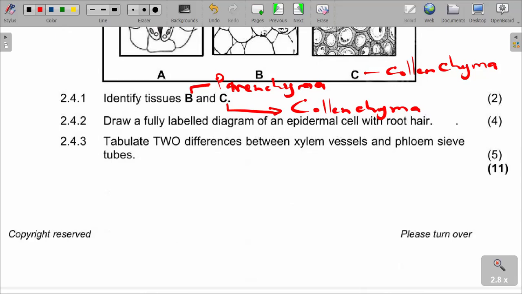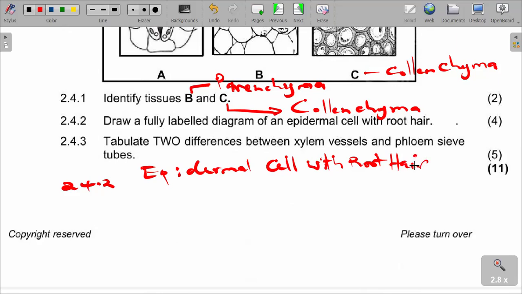It needs you to say 2.4.2, epithelial cell with root hair. I was showing you in the previous diagram, this is just a cross section, a diagram that was already shown in part of our question that we answered before.